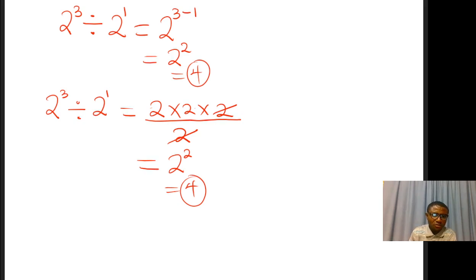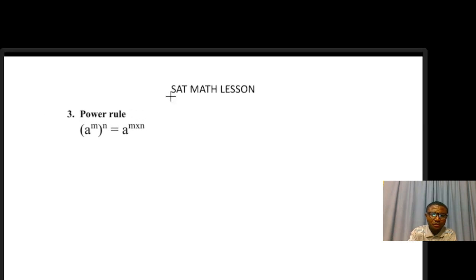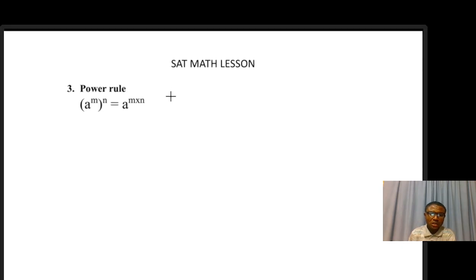Now let's proceed to the next one, which is the power rule. Whenever you have this kind of arrangement, multiply the powers. A to the power of m, close brackets, raised to the power of n.